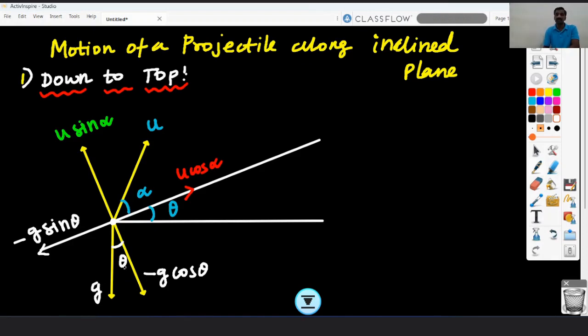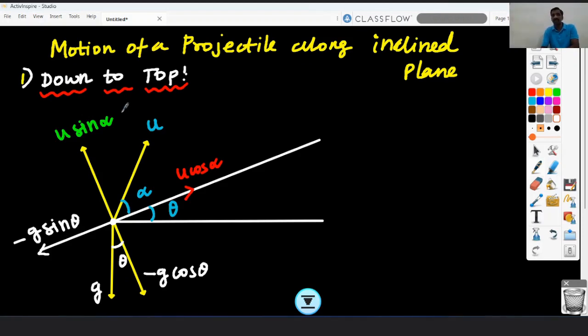Since it is the adjacent side, we take g cos theta, but it is opposite to the y axis, so we take minus g cos theta. This is left of origin or the negative x axis, so we take minus g sin theta. Got it?